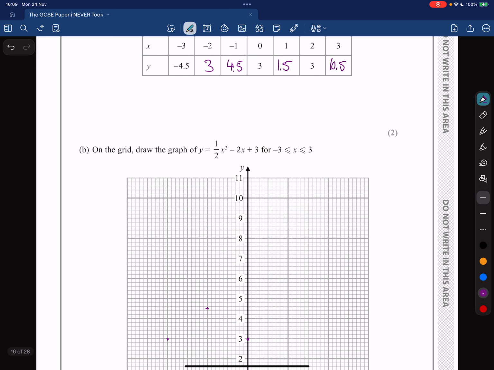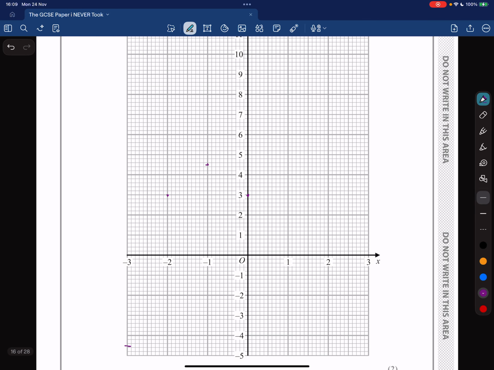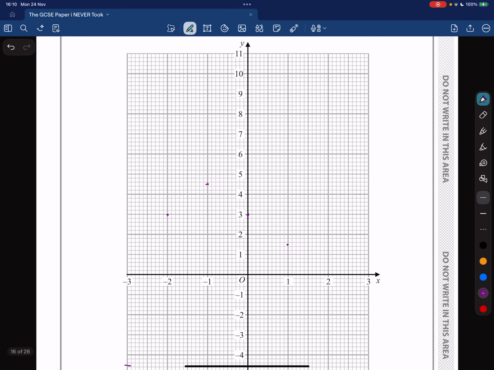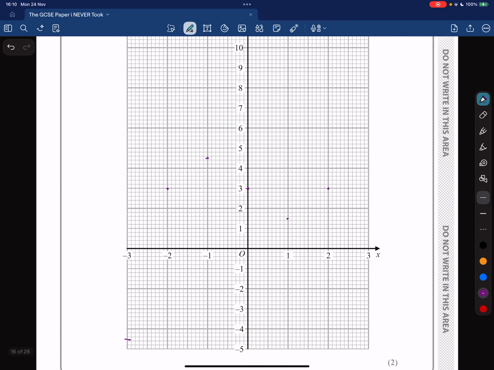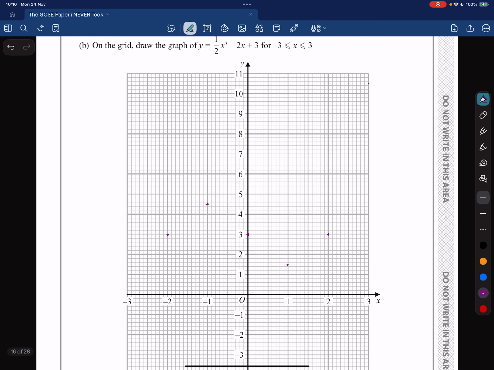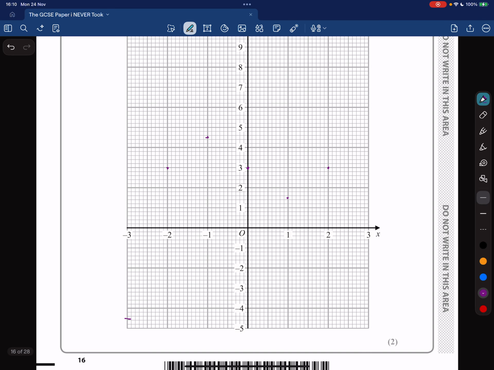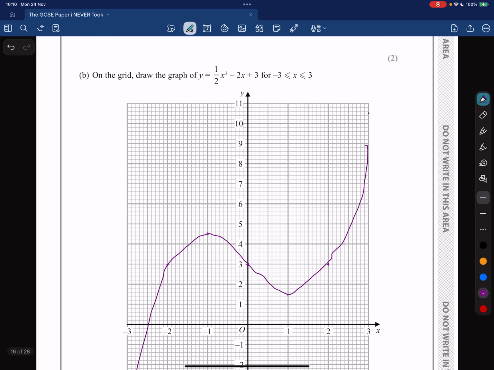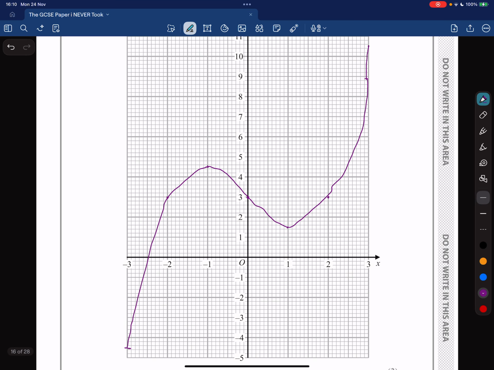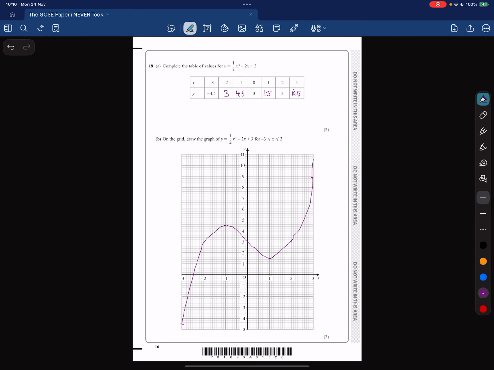You're there. 1 and 1.5. 2 and 3, 3 and 10.5. And there. Okay, so it would look something like, where do you go down to? You go down to there. And then I know I haven't drawn this brilliantly. But yeah, that is the shape for a cubic graph, so that is absolutely fine.